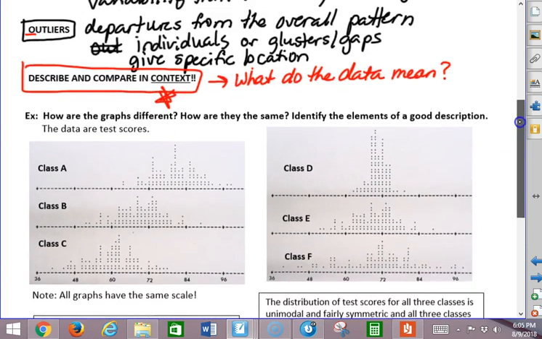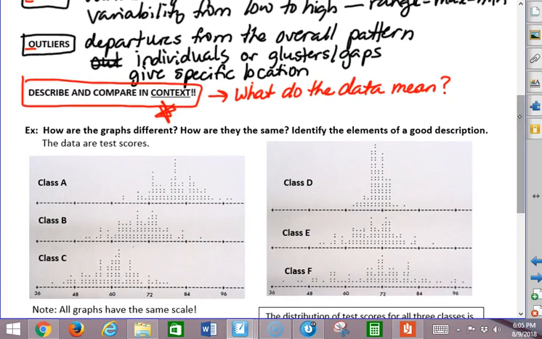I think I forgot to write these up here. So let me take this little thing off here. We want to use weasel words. Weasel words are words like about, or approximately, or similar.